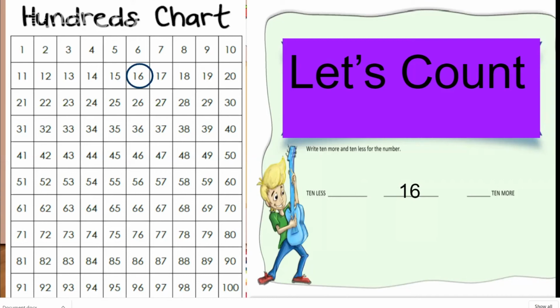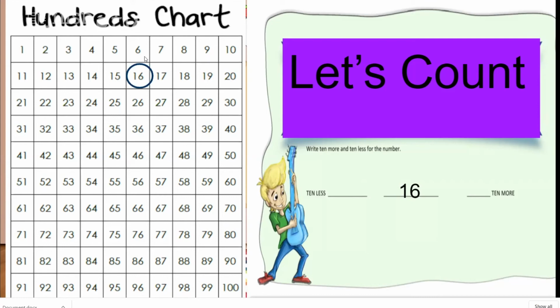For 10 less, you're going to count back 10. And for 10 more, you're going to count forward 10. Count with me. 1, 2, 3, 4, 5, 6, 7, 8, 9, 10.